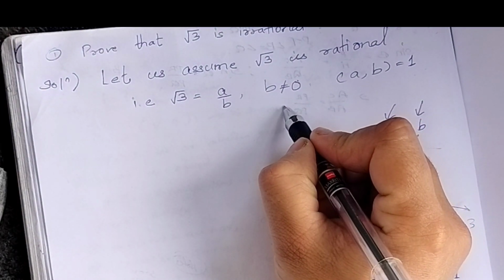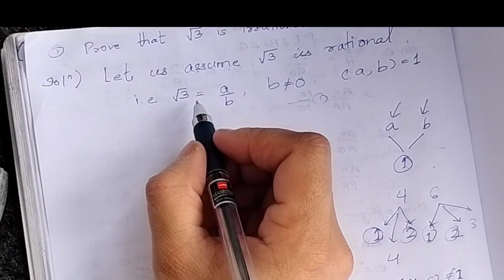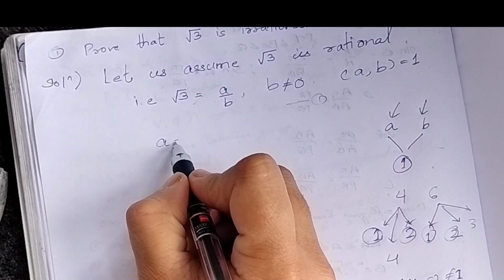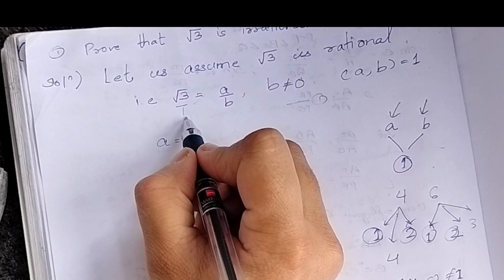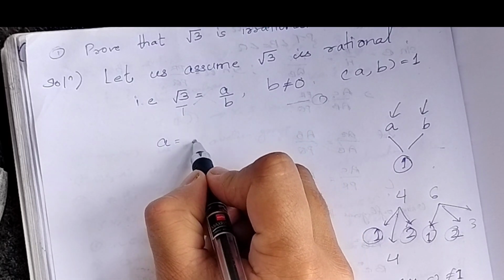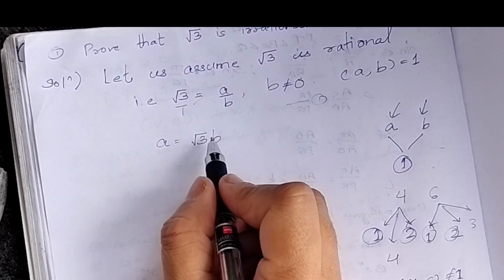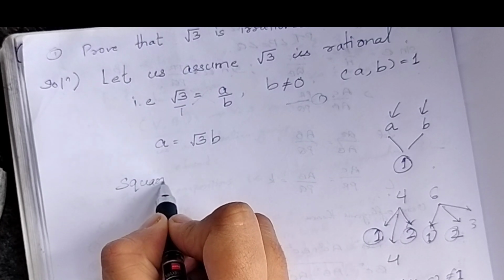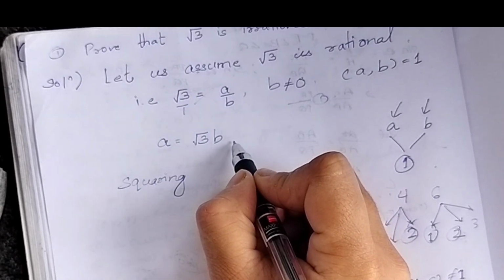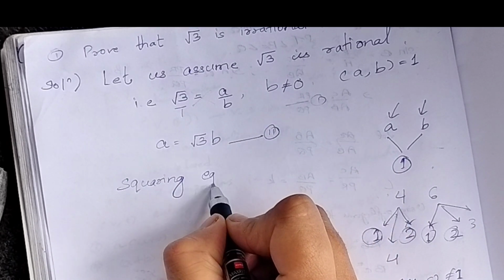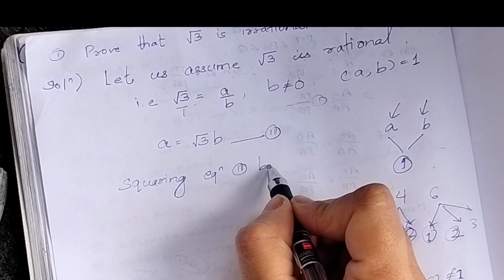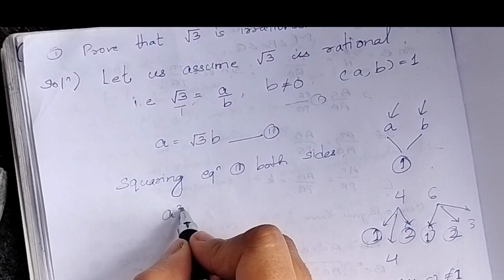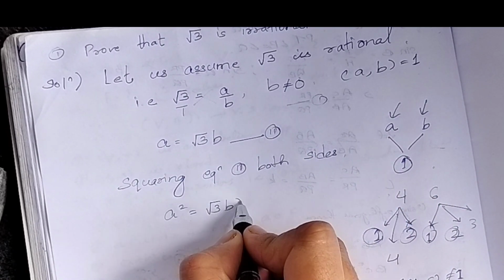Let this be equation 1. So what we can do is cross multiplication, and we can write a equals root 3 by 1, so a equals root 3 into b. Now we will square both sides. Squaring equation 2 on both sides, we get a square equals root 3b whole square.